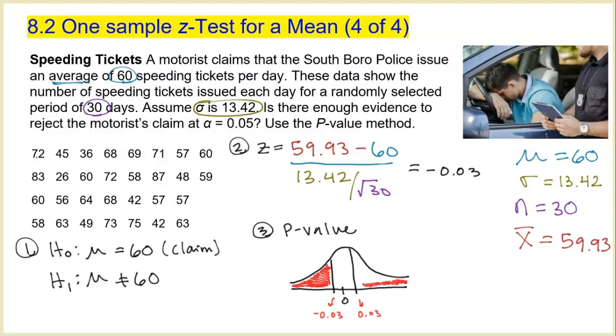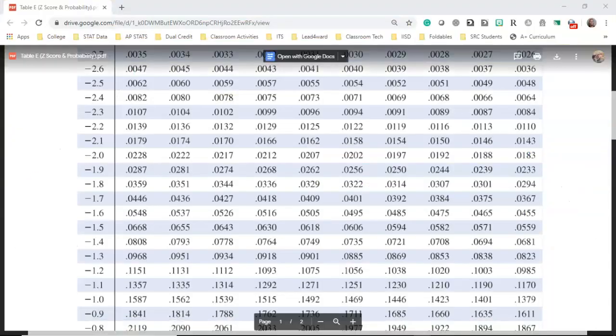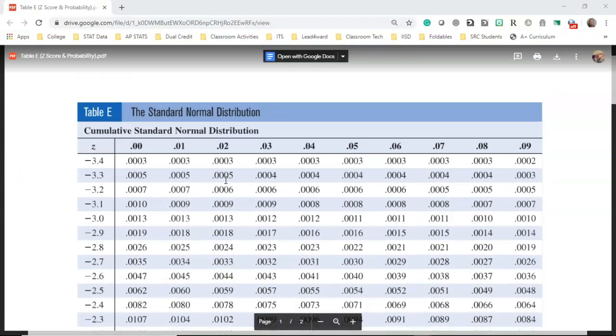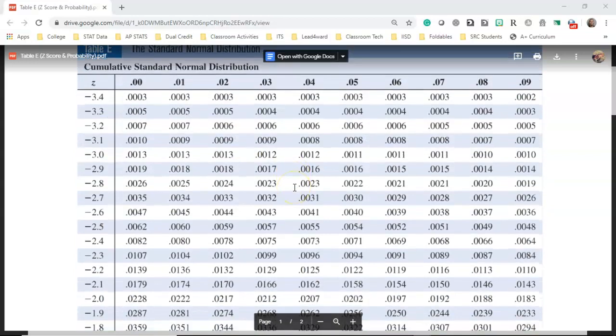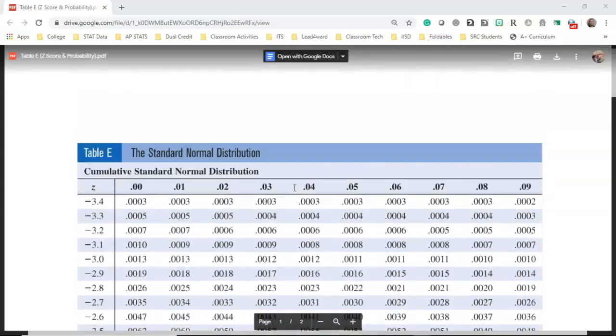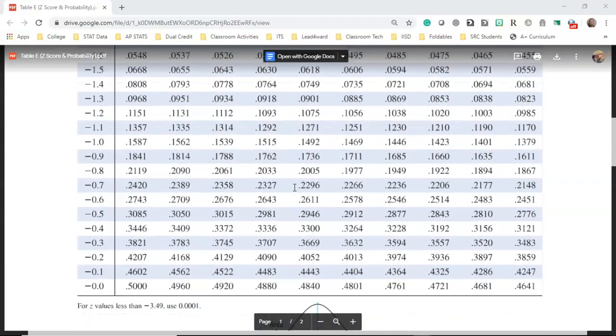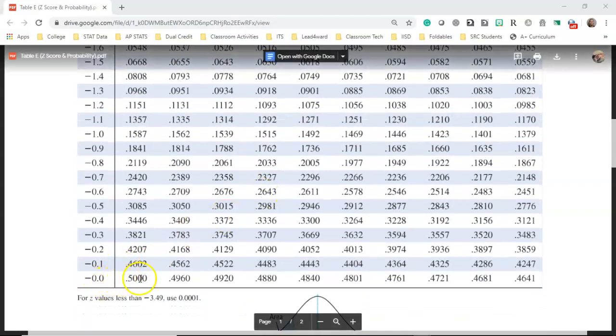So for our probability value, we have the area in both tails that we have to find. So now our p-value would be this area plus this probability, because you could either be below the mean or you could be above the mean. And so when we go to our table, we want to find a z-score of negative 0.03.